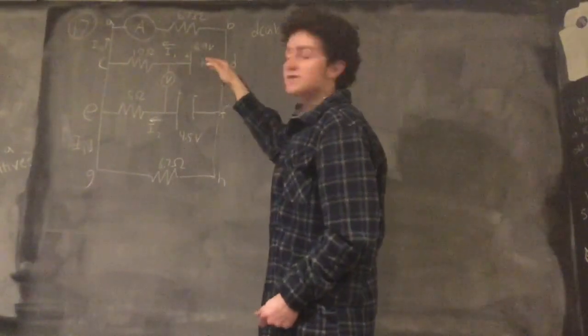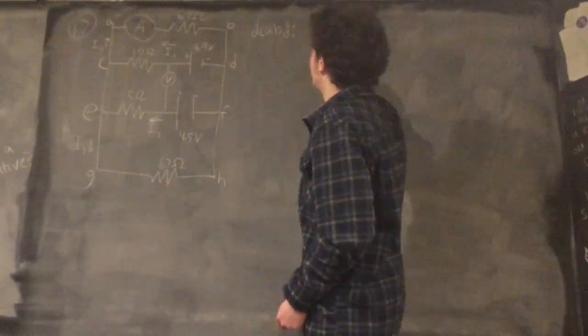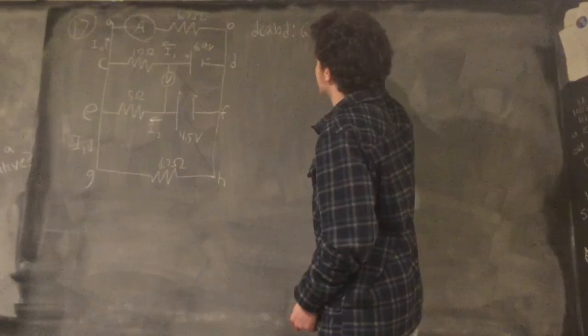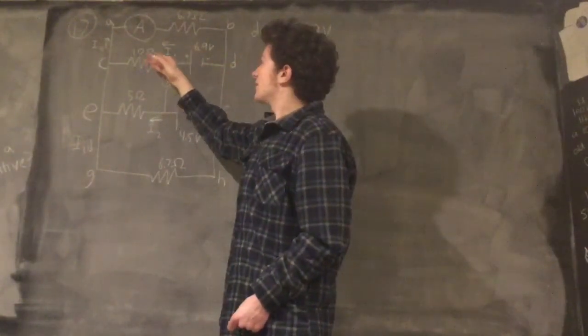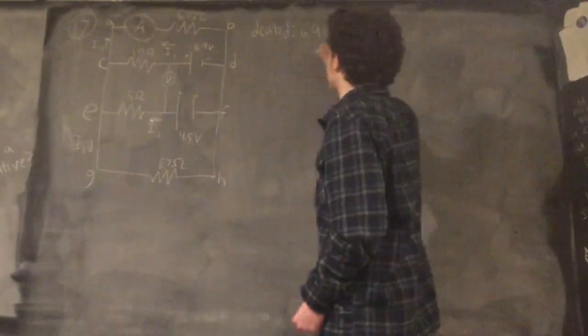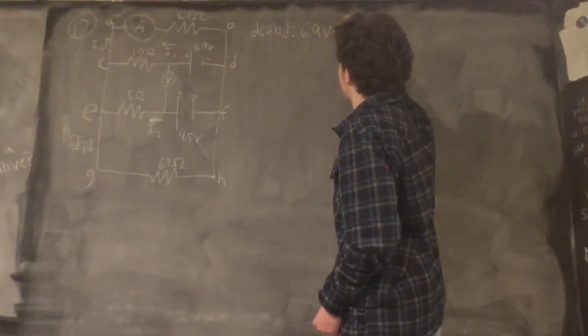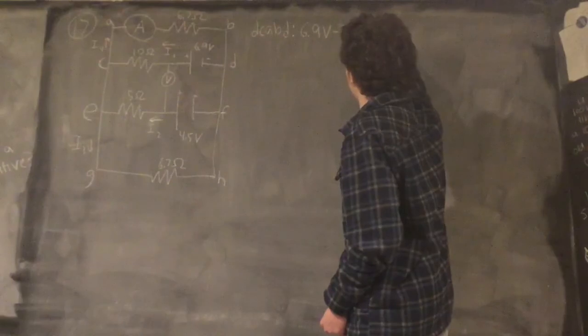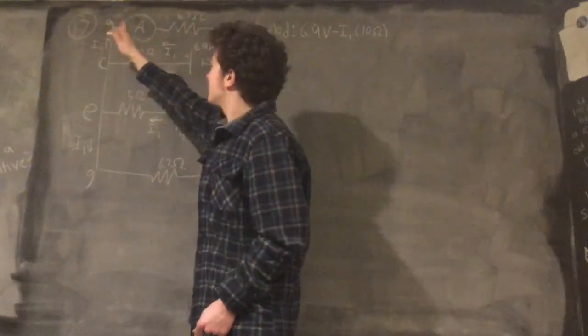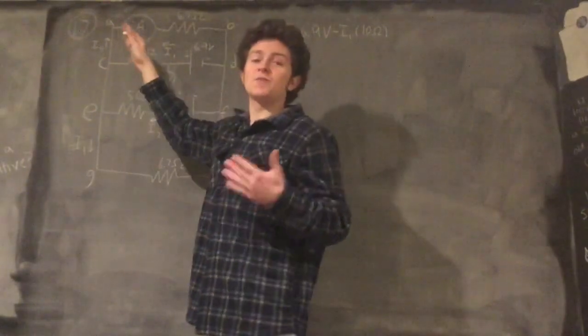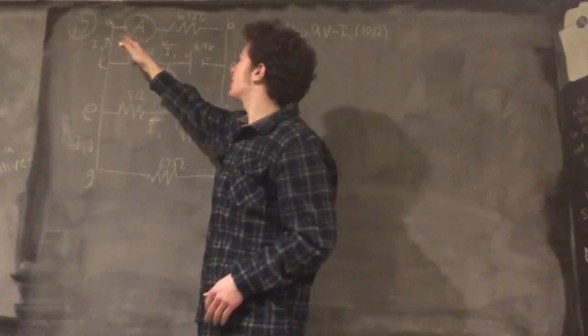And going this way, since there's an increase in potential, I'm going to keep that as positive 6.9 volts. And then since we're going with the current here, there's going to be an energy loss, so it's going to be minus I1 times 10 ohms. Again, following the circuit around. Assuming an ideal ammeter, there will be no resistance, so we could just forget about that one.